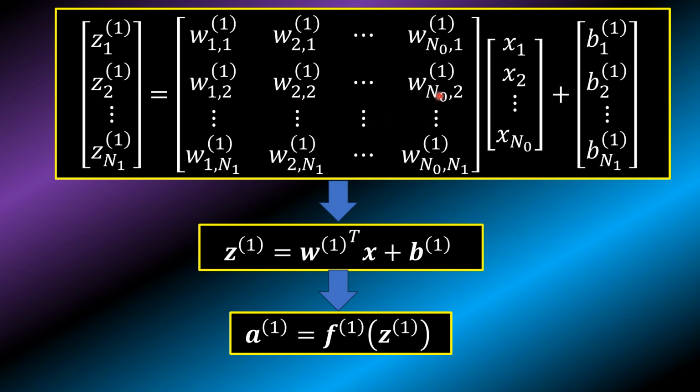And this represents the weight associated with the connection between the last neuron in the input layer, N sub 0 being how many neurons are in the input layer, and the second neuron in the first hidden layer.